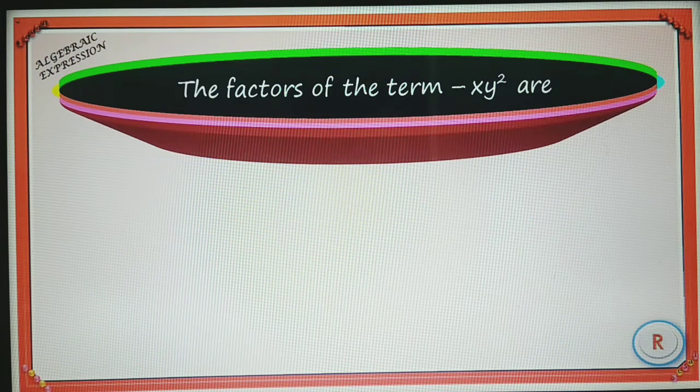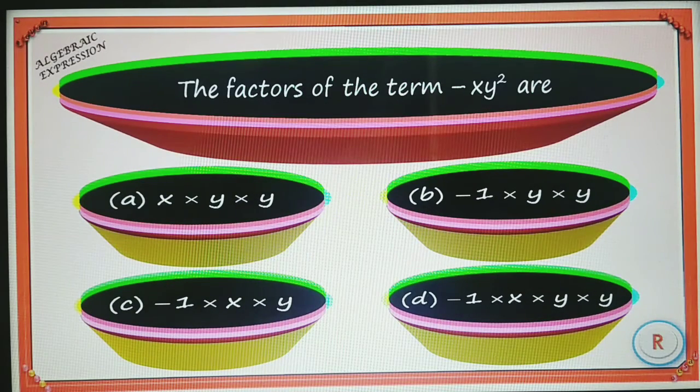The factors of the term minus xy square are. Your options are: A, x into y; B, minus 1 into y; C, minus 1 into x into y; D, minus 1 into x into y into y.